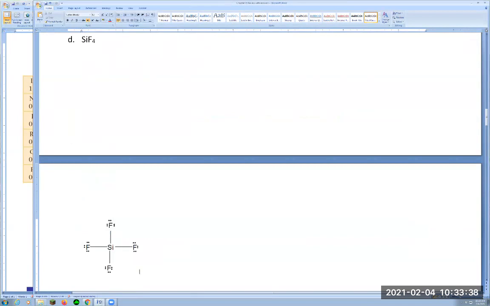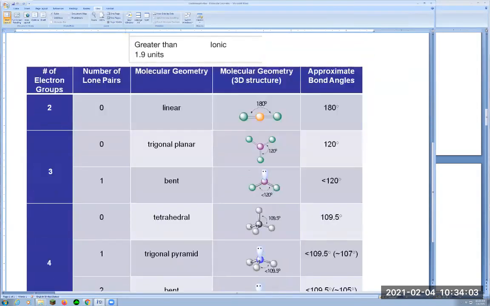The 4 fluorines have lone pairs, and then the silicon, because it has 4 single bonds, it has its octet like this. So that's the final Lewis structure for SiF4. Now let's determine the shape. So the central atom is the silicon, and it's surrounded by 4 single bonds, which makes 4 electron groups, 0 lone pair.